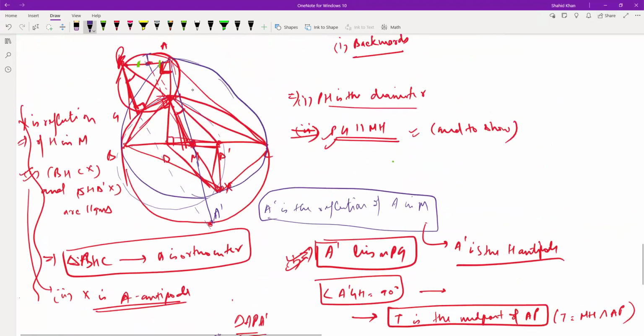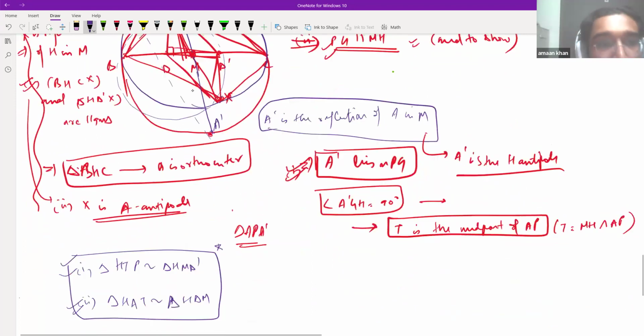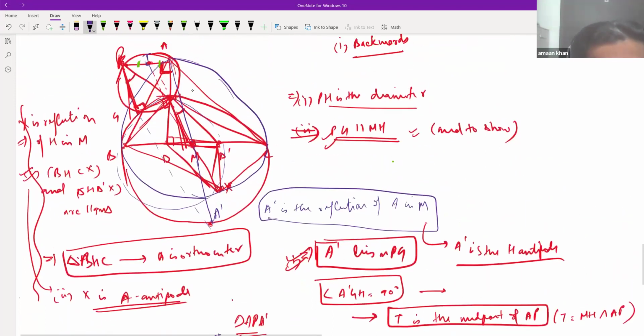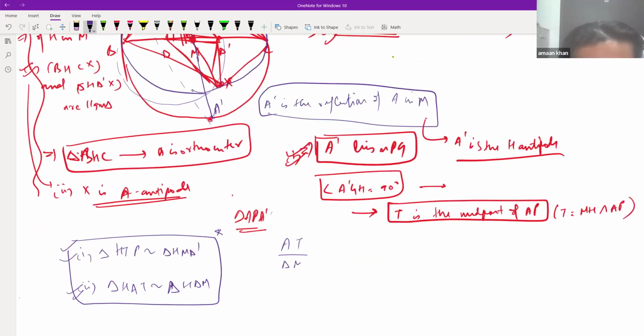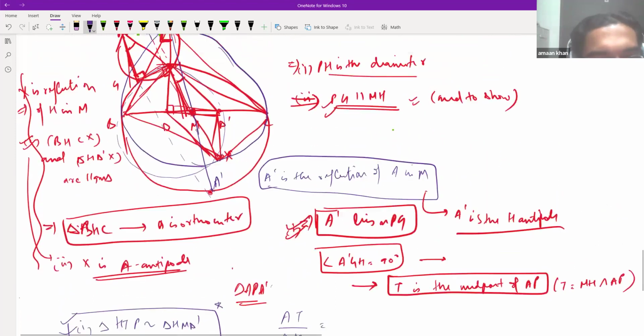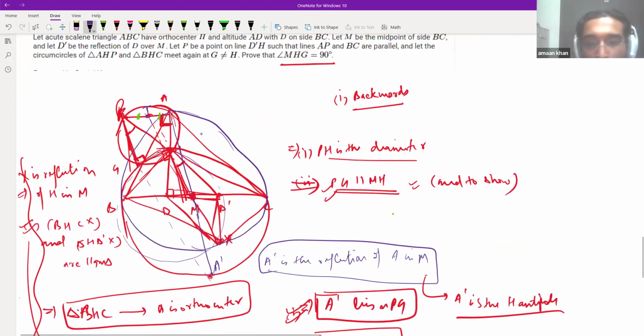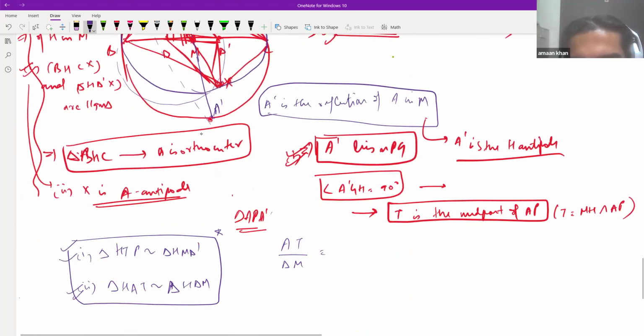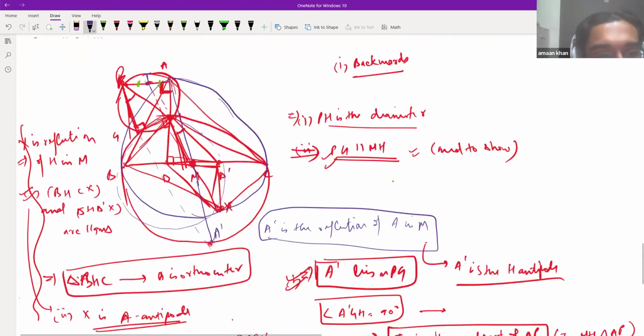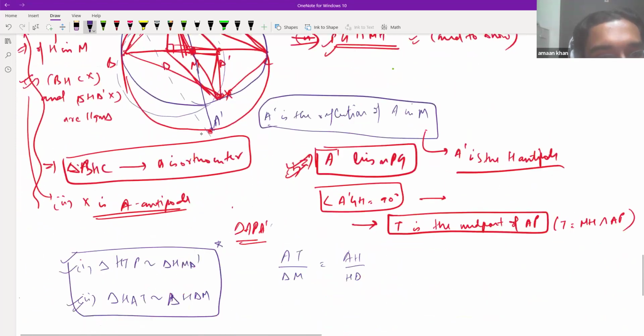Okay, so I'll just write the length conditions. AT upon DM is equal to HT upon HP and is equal to HT.